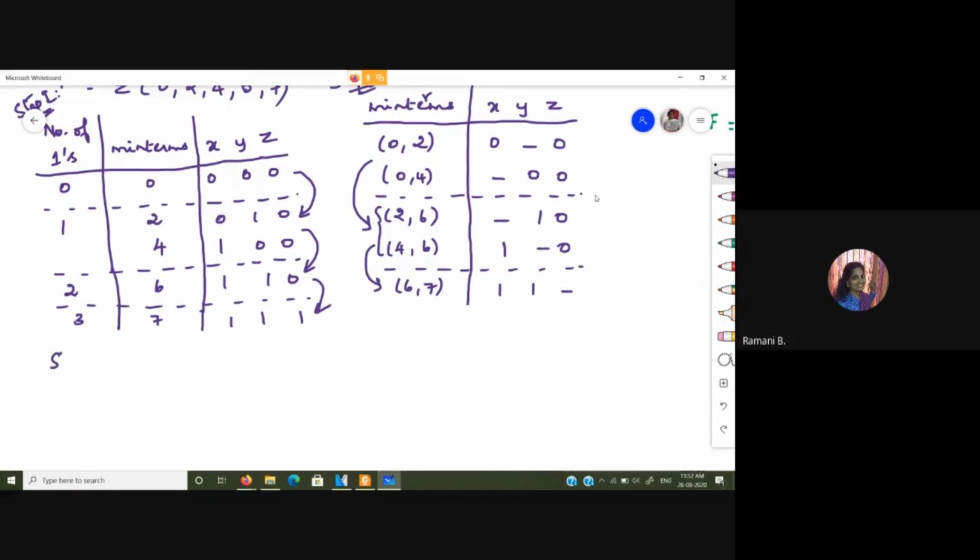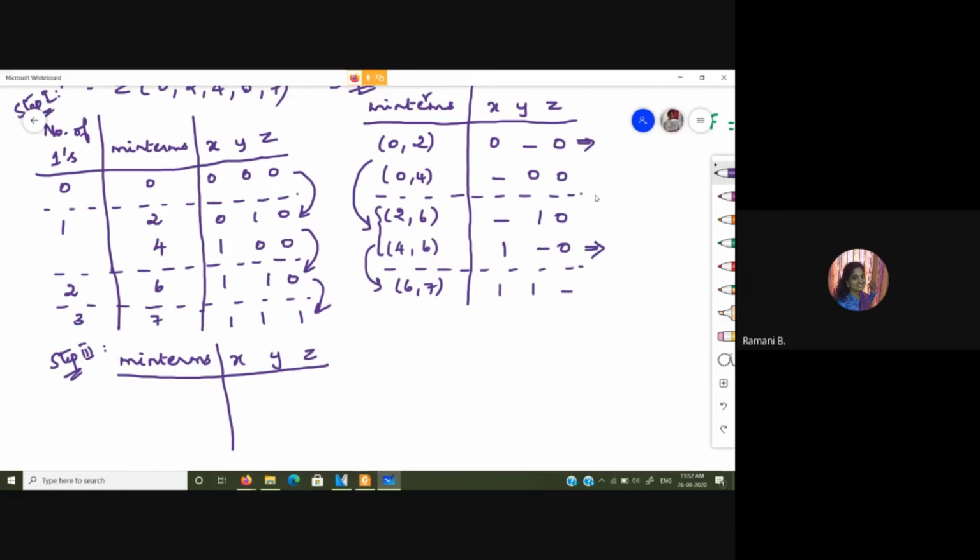So for step 3, again the minterms and x, y and z. Comparing 0 comma 2, we have a dash in the second position, and I have a similar dash in 4 comma 6.